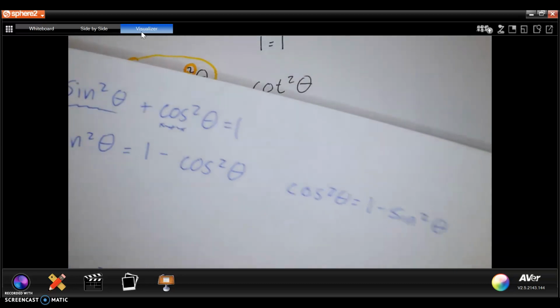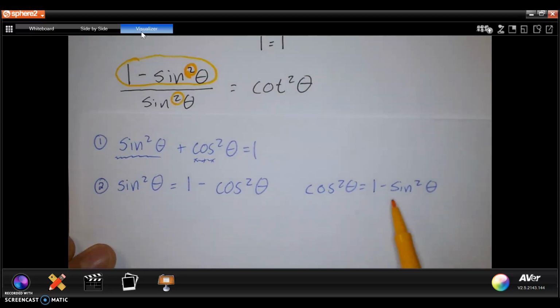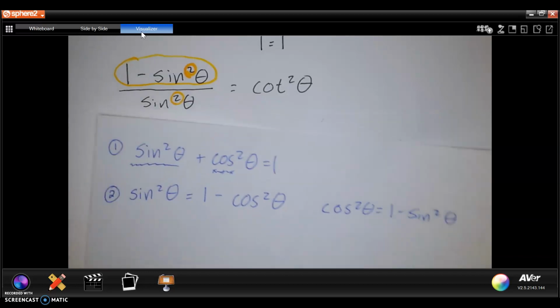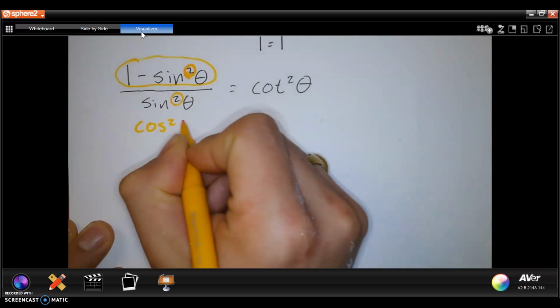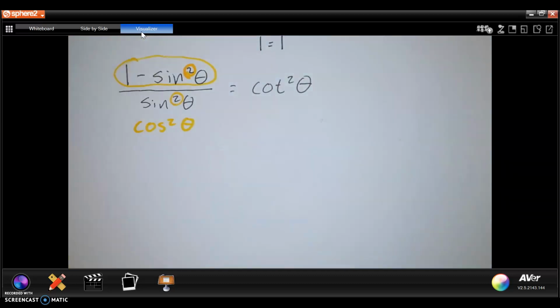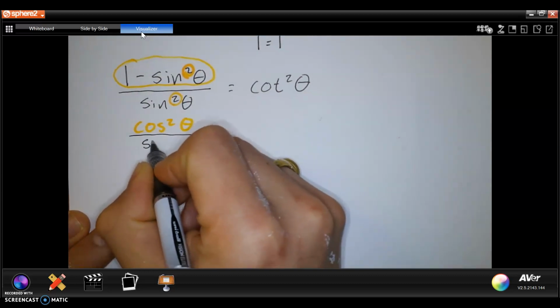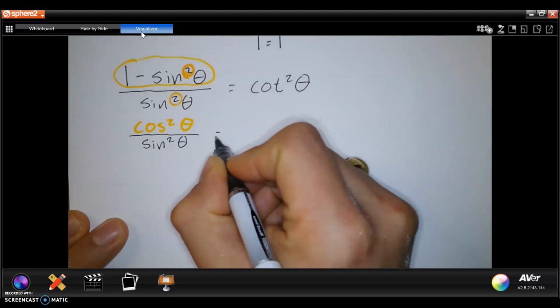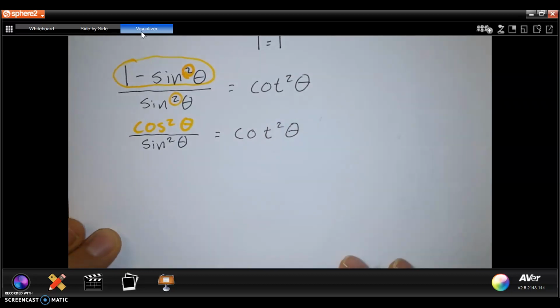I'm pulling out my sheet that we wrote last time. I'm looking for 1 minus sine squared, which I see is equal to cosine squared theta. So I have cosine squared theta divided by sine squared theta equals cotangent squared theta.